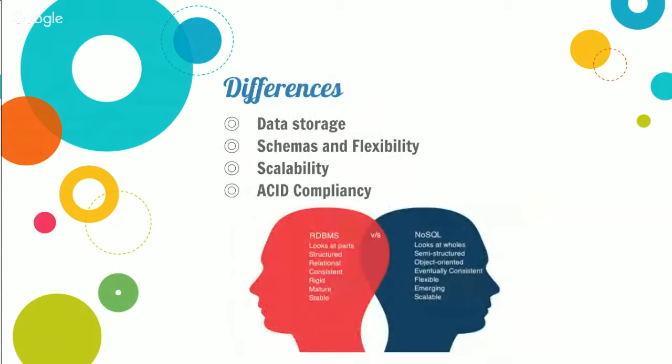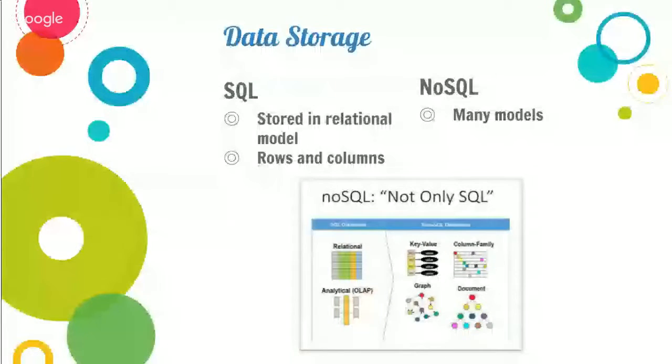Clearly, there are many ways that SQL and NoSQL differ: data storage, schemas and flexibility, scalability, and ACID compliancy, which stands for atomicity, consistency, isolation, and durability. For data storage in SQL, the data is stored in a relational model with rows and columns.